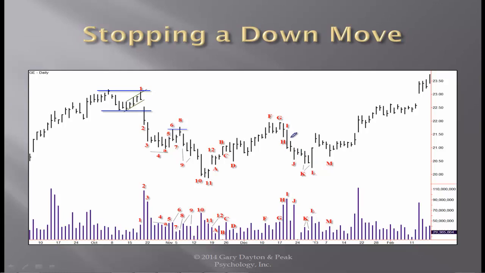And if we look at this, we make good progress to here, but then look at the lack of progress going down. So we're seeing a shortening of the thrust in here again. And L is an obvious bar of strength, an obvious buying bar.